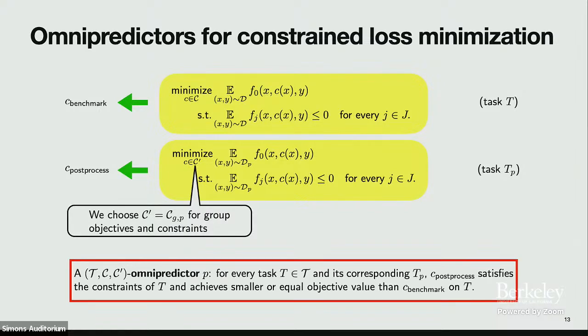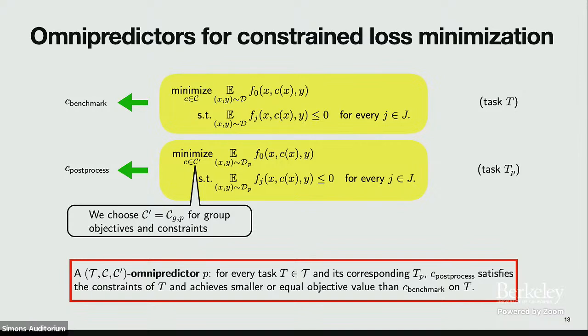Now we say a predictor P is an omnipredictor if for every task T from a large family of tasks and its corresponding task TP, the model C post-process that we can indeed efficiently compute is a good solution to the original task T, which can be much harder to solve.